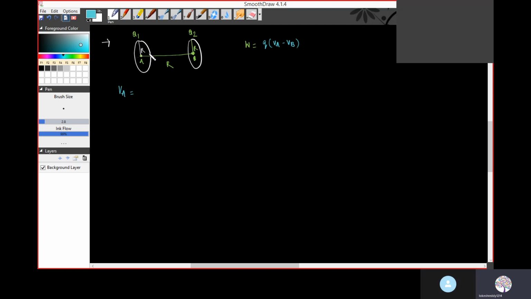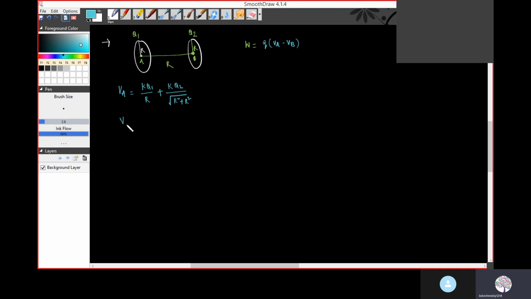Potential at the center due to its own charge is KQ1 by R, plus the potential due to the other ring at A is KQ2 by root of R square plus x square, and x is also R, so root of R square plus R square.